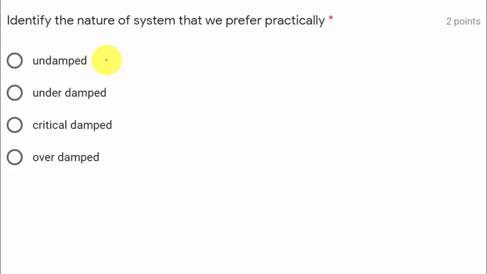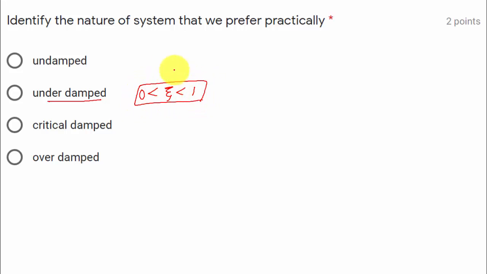Moving on to the next question, what kind of system behavior are we going to make use of practically: underdamped, undamped, critically damped or overdamped? The critically damped response is the best response, but we are going to make use of underdamped system behavior. In the case of an underdamped system, the zeta value lies between 0 and 1. In an undamped system, zeta equals 0, and in a critically damped system, zeta is exactly equal to 1.